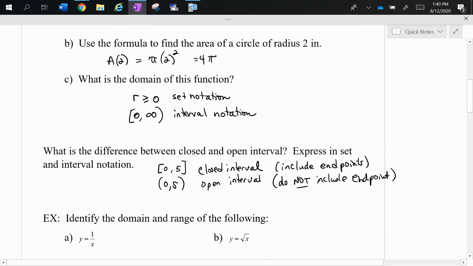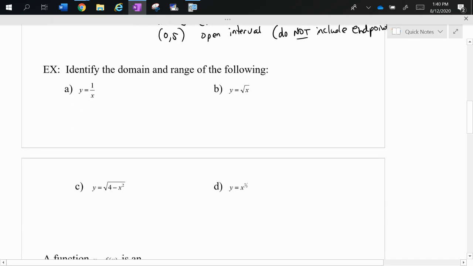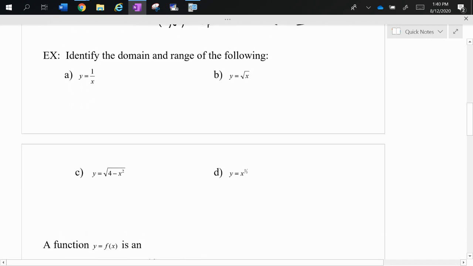Okay, so we're going to look at a few little functions and talk about their domain and range. The first function I see is y is equal to 1 over x. We're supposed to be able to recognize y equals 1 over x as a rational function that does something like this.